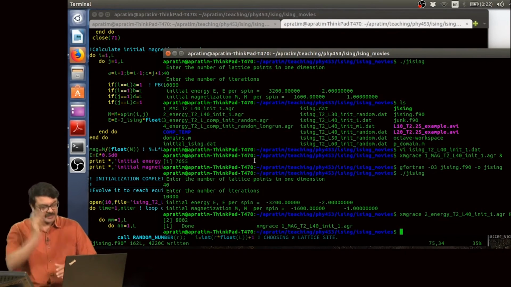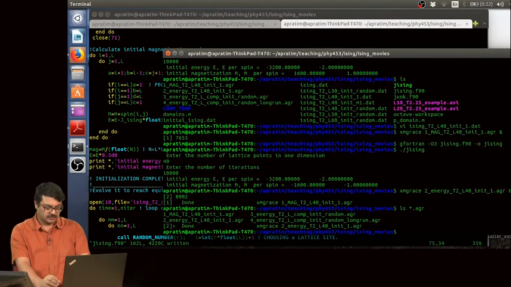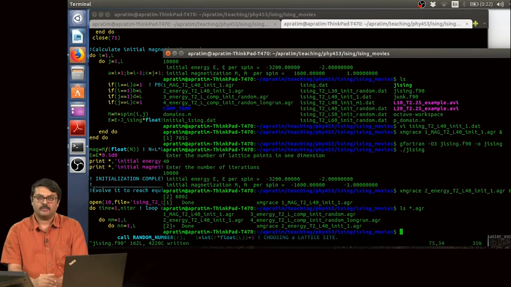Now, what would happen if you took a slightly different size of the lattice? This was for box 40 cross 40, and we started out from random initial conditions.